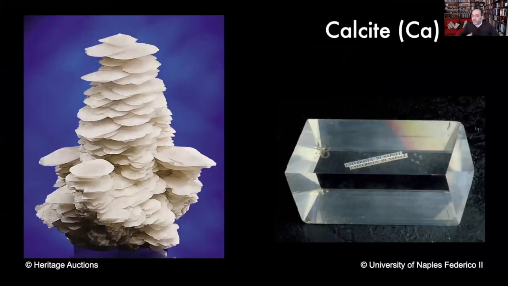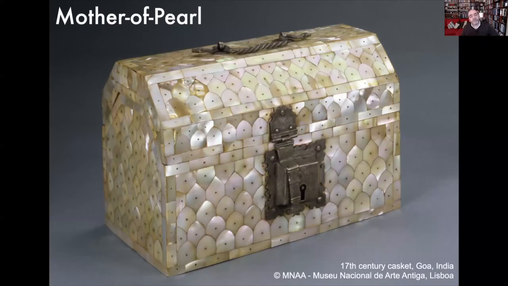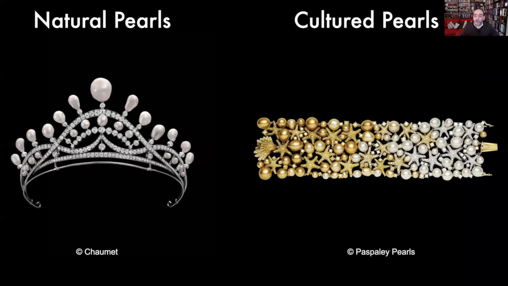And of course, every precious coral is made of biomineralized calcium carbonate. Also, shell and mother of pearl are made up of biomineralized calcium carbonate, everything with carbon. And of course, natural pearls and cultured pearls are the same. So carbon is around us everywhere, even in jewelry, but especially in diamonds.